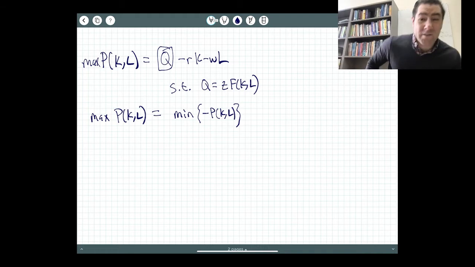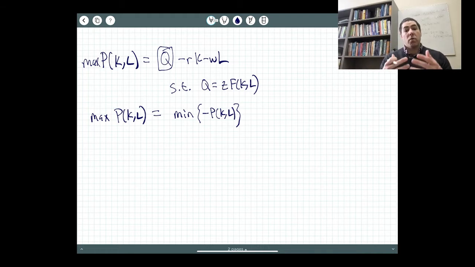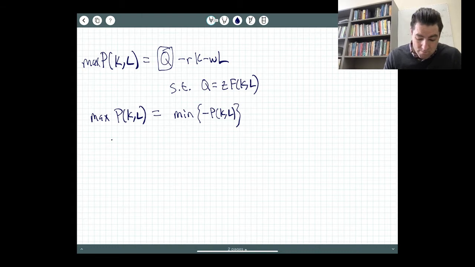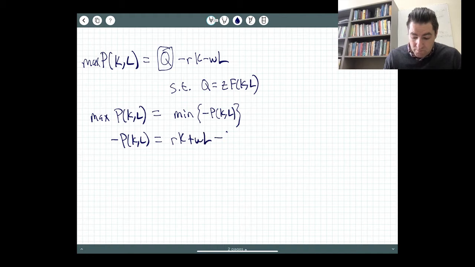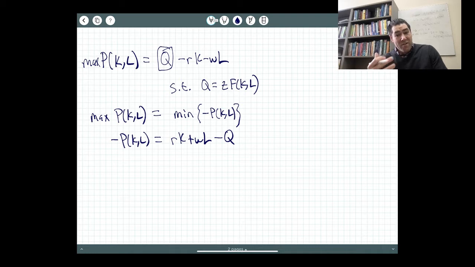So if I take the maximum of P, that would correspond to the minimum value of minus P. And if you notice, minus P is RK plus WL minus Q. So what I'm effectively doing here is trying to minimize the cost of producing, given that Q is just a constant.